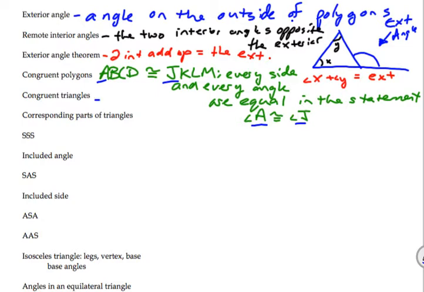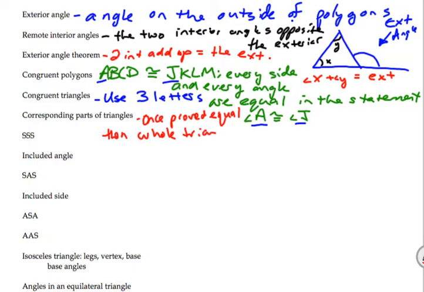Congruent triangles use 3 letters. Alright, so we'll have to use 3 letters to tell you how they're congruent. Once proved equal, then by corresponding parts of congruent triangles, the whole triangle is equal.